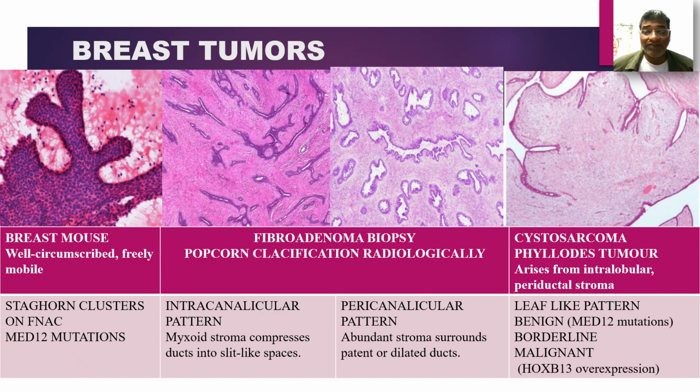That's why it is called phyllodes tumor, and it occupies the entire breast. It is called cystosarcoma phyllodes as there are spindle type of cells. It can be benign or borderline or malignant. Benign tumors will show MED12 mutations and malignant tumors will show FOXB13 mutations.